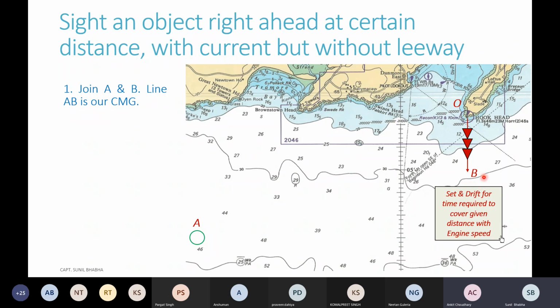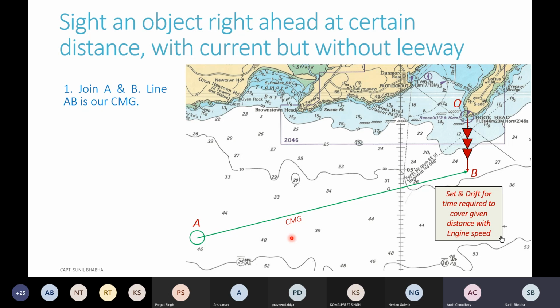So join Alpha with Bravo. Let's plot it on the chart. So you have this line joining Alpha to Bravo. This line, which we have just now plotted on the chart, is our course made good line.